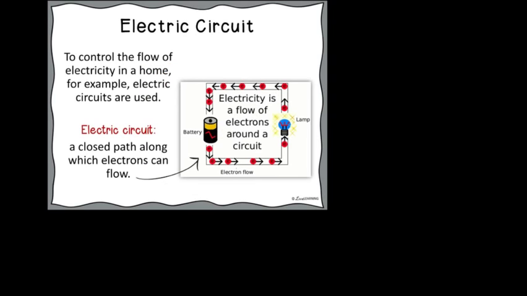And this is the way that we control the flow of electricity in our homes, for example. We create circuits. And an electric circuit is just a closed path along which electrons are able to flow.